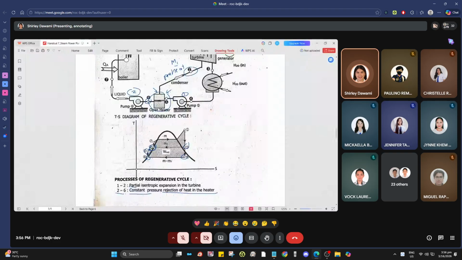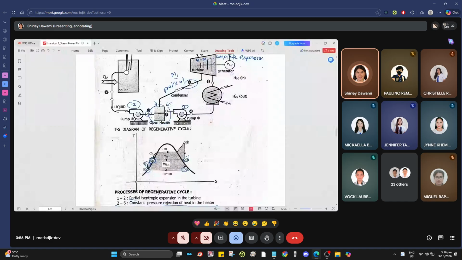Pump work 1 daw is M minus M1. Of course, kay mao man na iniagi diri, no. M minus M1 there in the condenser. So that is M minus M1 times H5 minus H4.